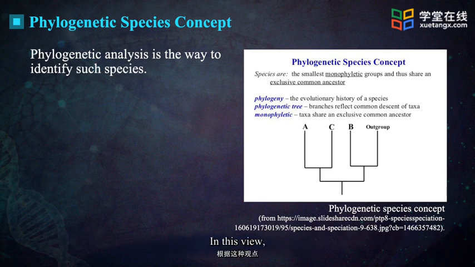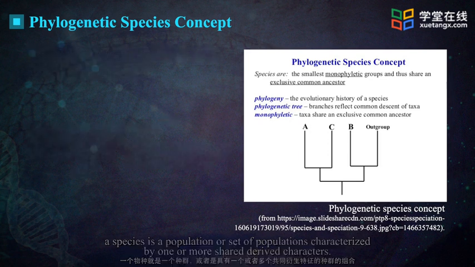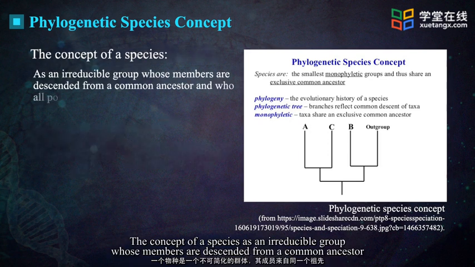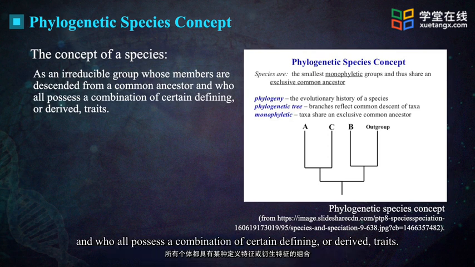In this view, a species is a population or set of populations characterized by one or more shared derived characters. The concept of a species as an irreducible group whose members are descended from a common ancestor and who all possess a combination of certain defining or derived traits.